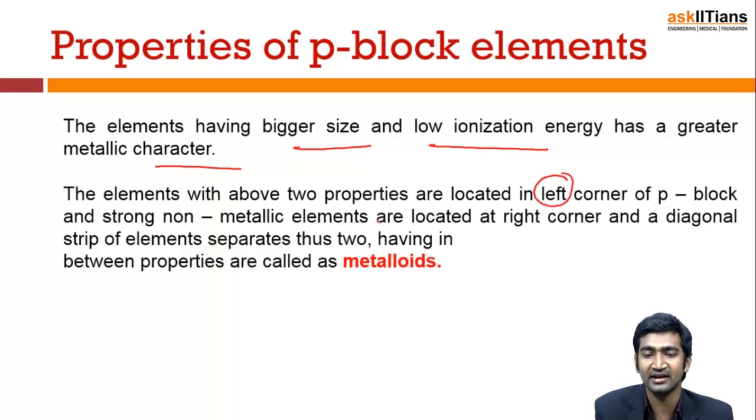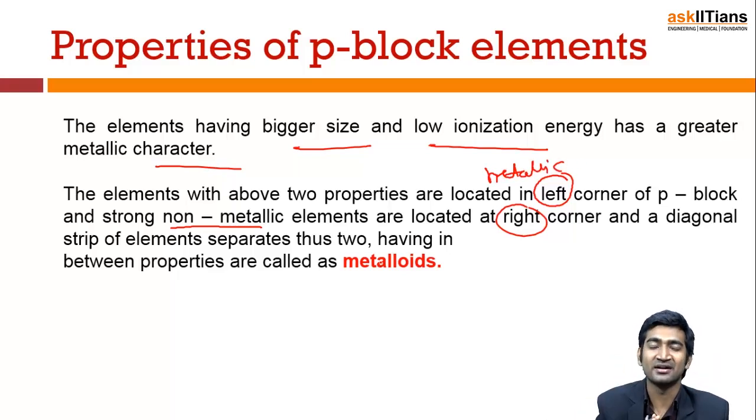Strong non-metals are at the right hand side, and this is the metallic one. Between metals and non-metals, there is something which separates these two and which shows the properties of both. They can behave like a metal also, they can behave like a non-metal also, and they are known as metalloids, guys.